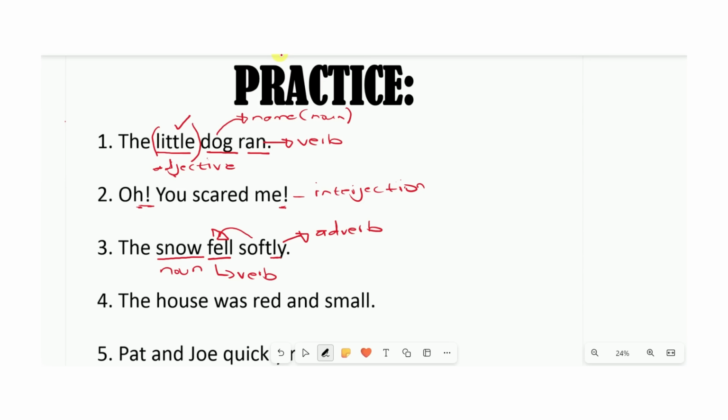The house was red and small. What you are talking about here is the house, and then the house becomes what? Your noun. And was takes a position of a verb here. What kind of a house are we talking about? This house is red. This house is also small. So the colors red and small, both of them are descriptive.